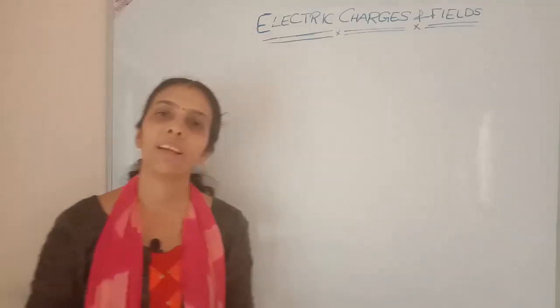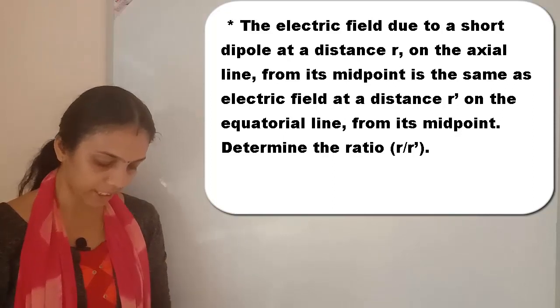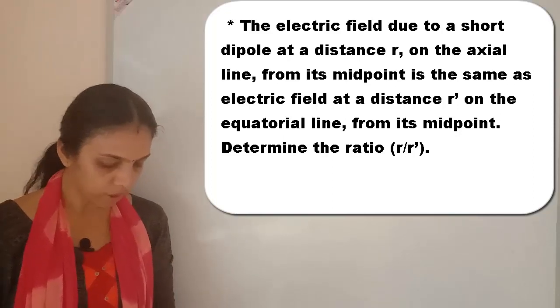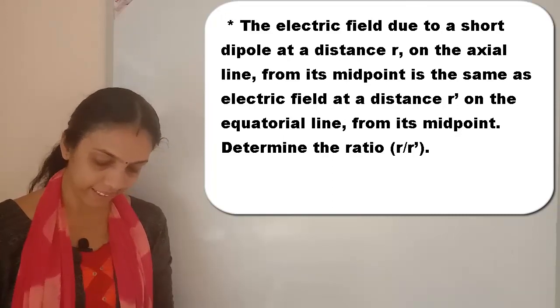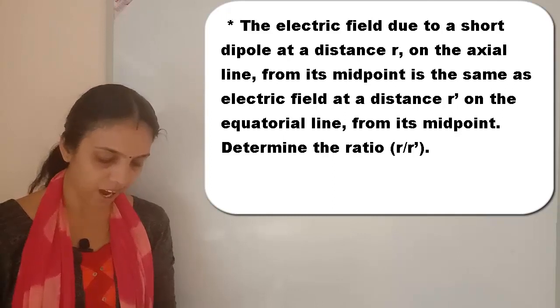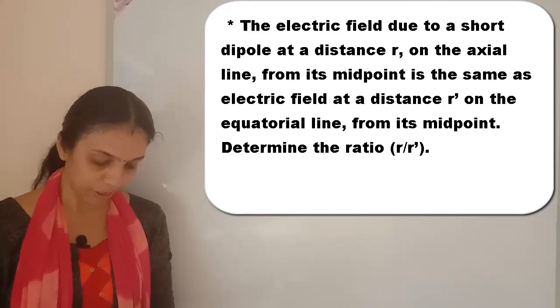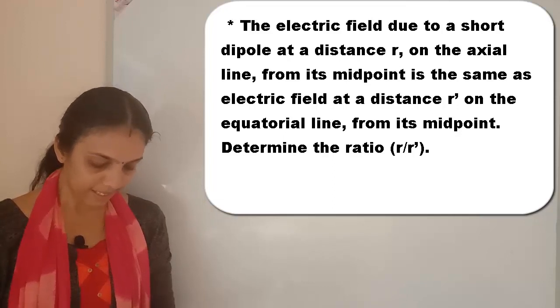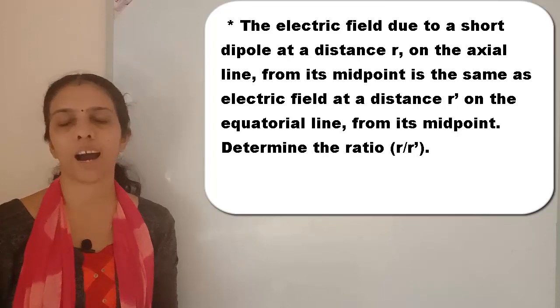Clear? Next question: the electric field due to a short dipole at a distance r on the axial line from its midpoint is the same as the electric field at a distance r dash on the equatorial line from its midpoint. Determine the ratio r divided by r dash.